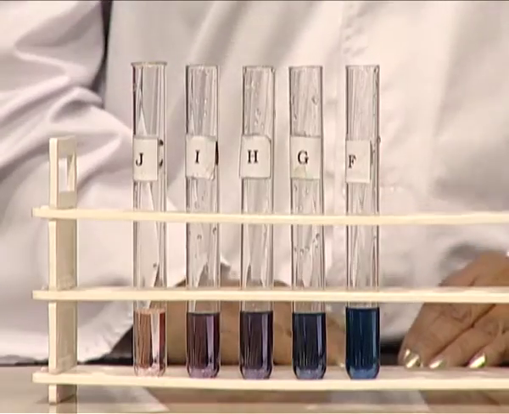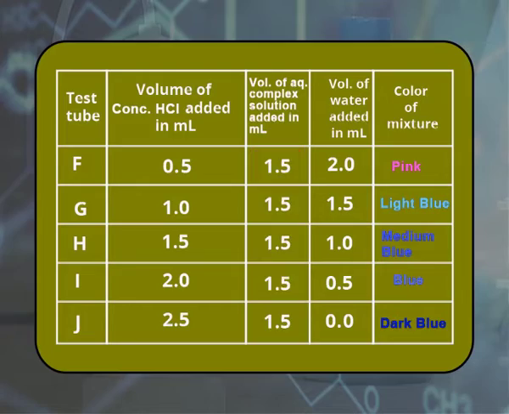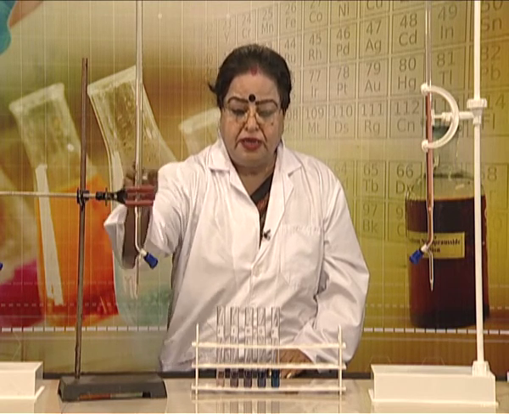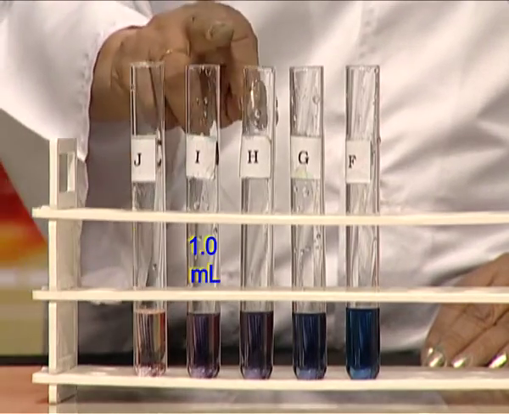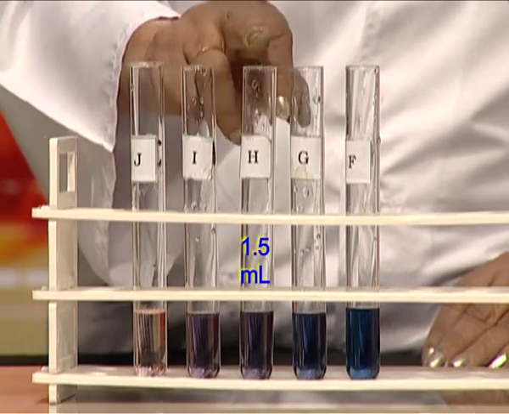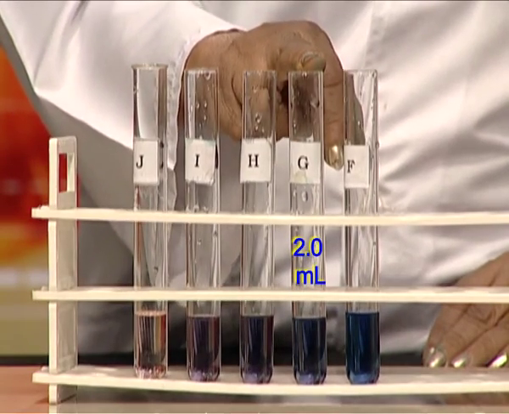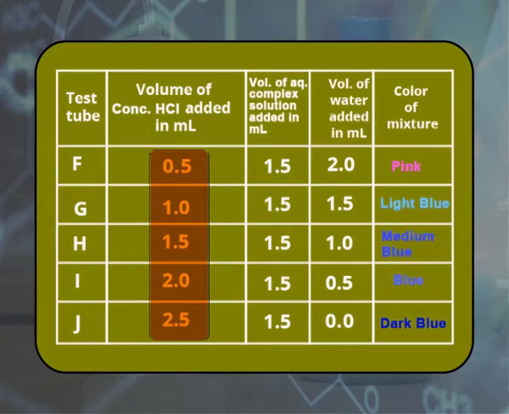Since we have taken equal amounts of the equilibrium mixture, that is 1.5 ml in these test tubes, and then have added HCl in different amounts from this burette. We have taken concentrated HCl and added 0.5 ml to this test tube, 1 ml to this test tube, 1.5 ml to this test tube, 2.0 ml to this test tube and 2.5 ml to this test tube.